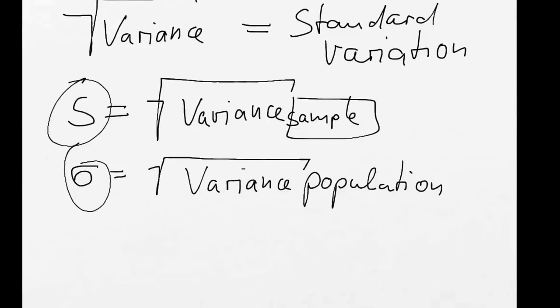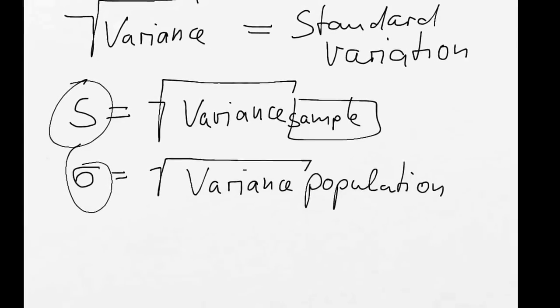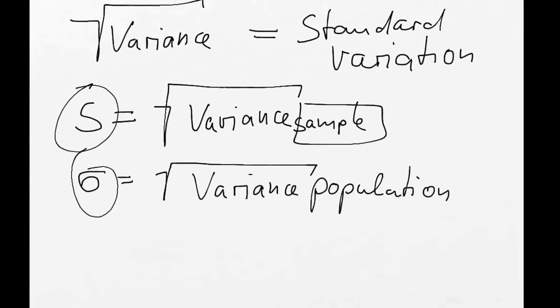Why don't we just do a quick calculation, a quick example for both? Let's say I have the data points 20, 22, 24, 26. Now what I want you to do is, first of all, treat this as a population.